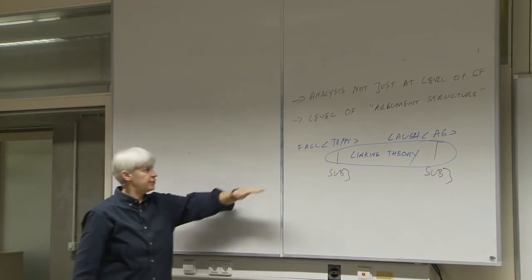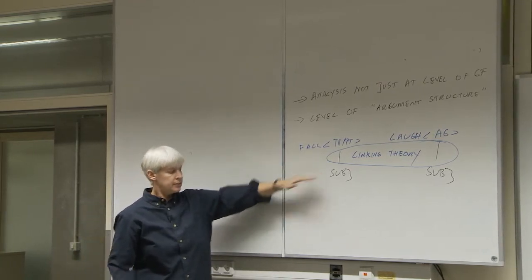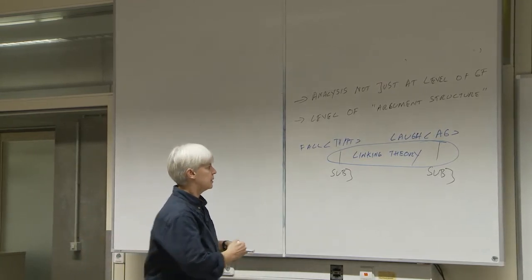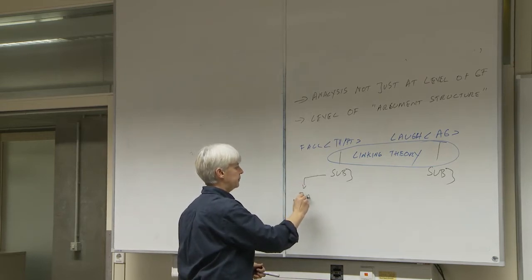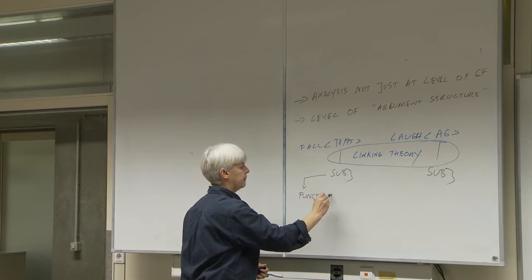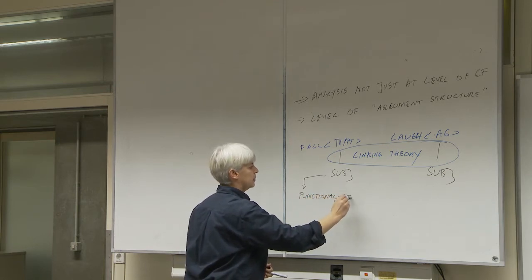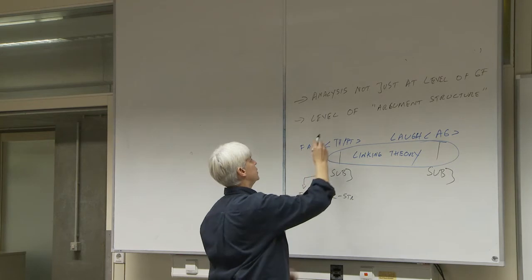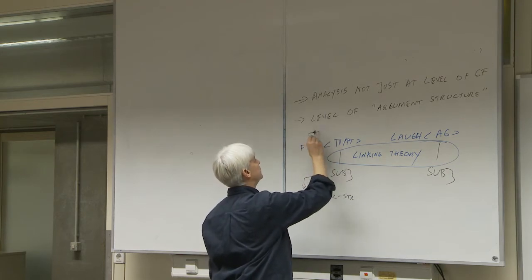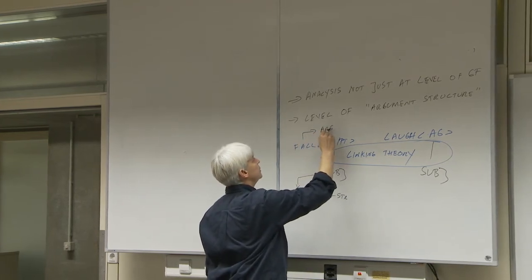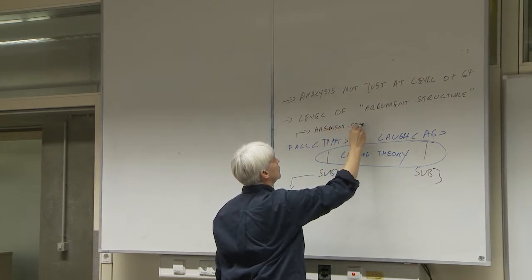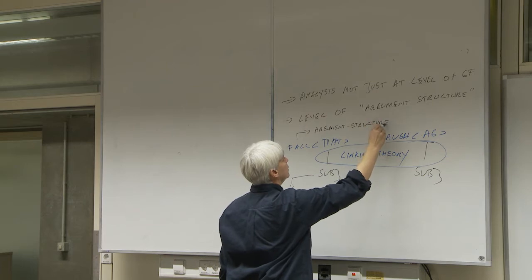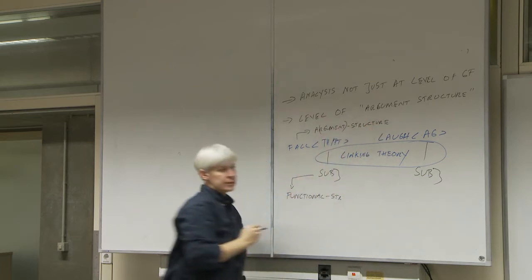So what LFG very clearly assumes is that this level here is functional structure, F structure. And this part here is argument structure, often referred to as A structure.